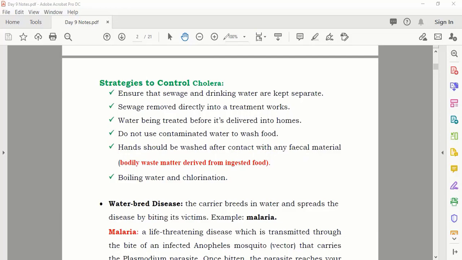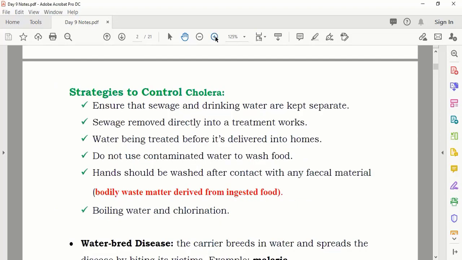Now we are going to discuss the things you can do, the strategies people should use to avoid cholera and other diseases. First of all, we start with cholera. What is the first thing? Ensure that sewage and drinking water are kept separate. Sewage means the wastewater coming from your homes and factories, and the drinking water should be separate.